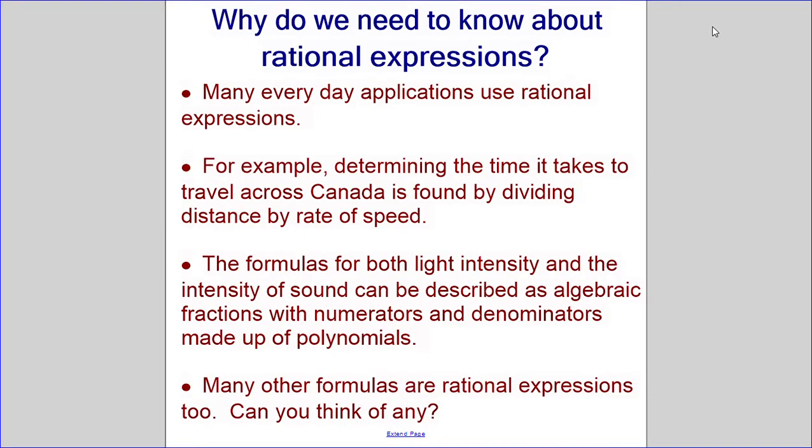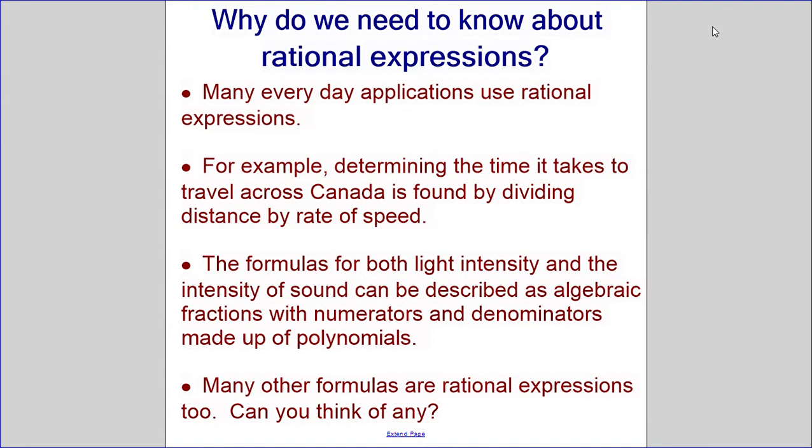So, why do we need to know about rational expressions? There's a lot of everyday applications that use rational expressions. If we think about things like rate, if you've gone through physics class when we talk about distance over time, that would be a rate that describes two different numbers, distance being how far something goes over your time, how long it takes to get there.